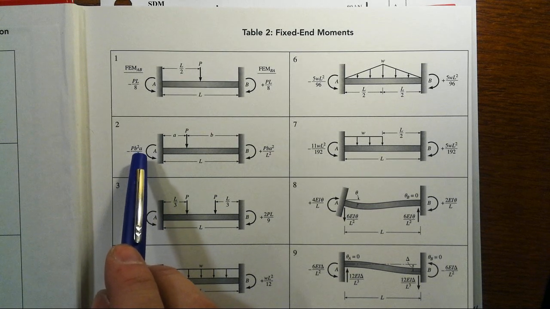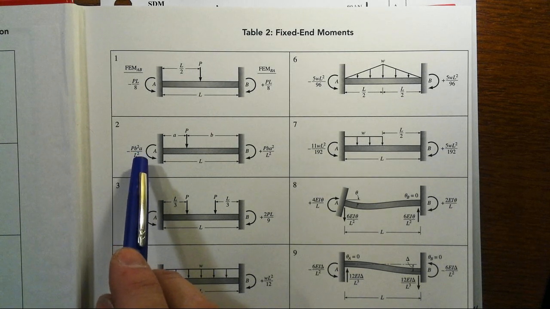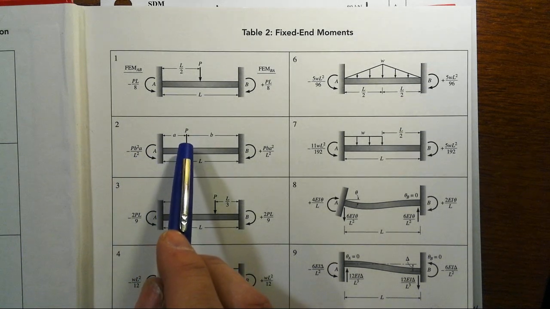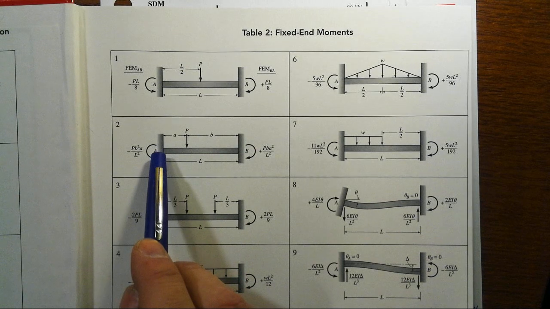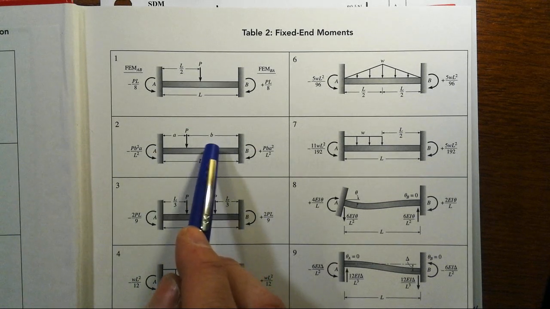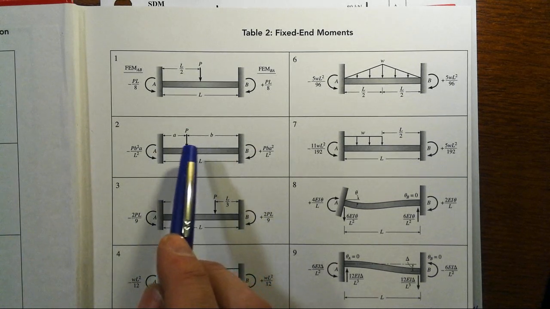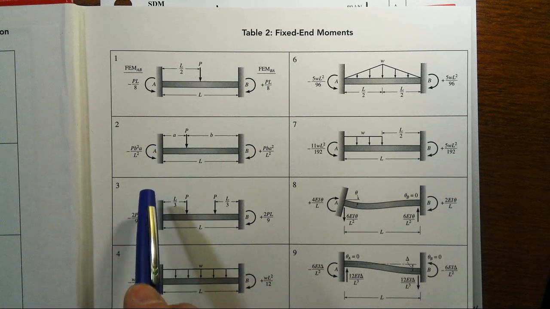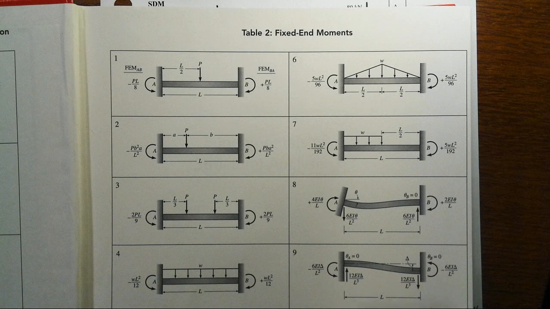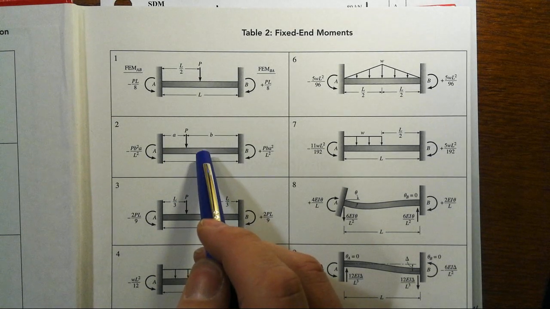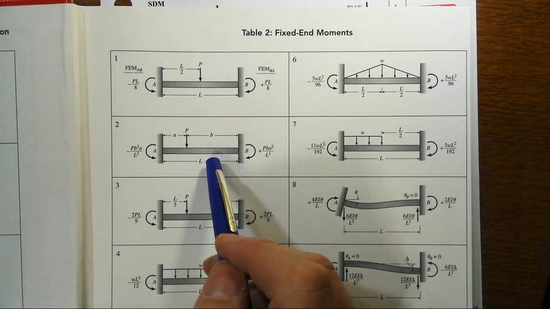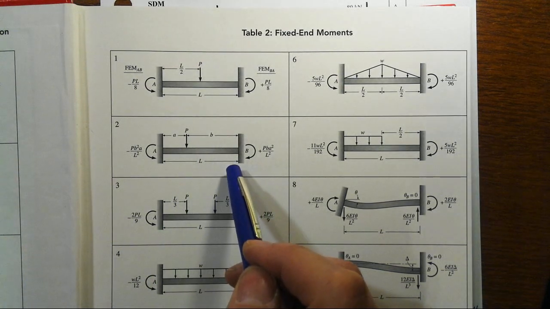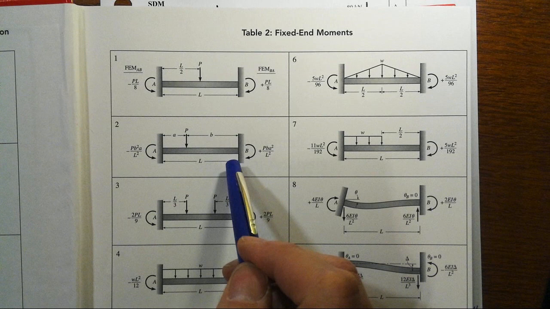And I remember that it's going to be either B squared times A or A squared times B. And the way I figure that out is that if the load is closest to the support, then I'm going to emphasize the distance that's the bigger one, that the effect will get bigger the closer this load gets over to. I don't know if that's really the right way to think about it. It's just a rule of thumb that I use if I don't have this table available to me and if I don't want to have to derive it along the way.